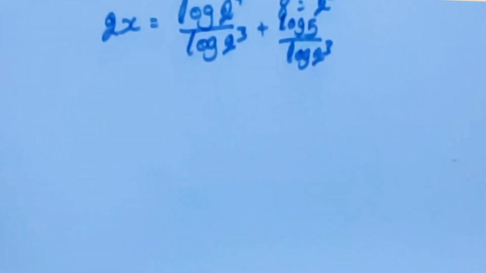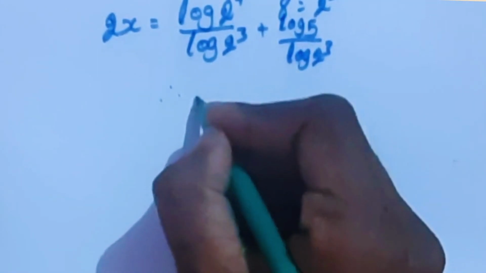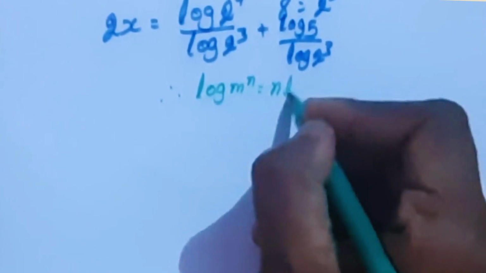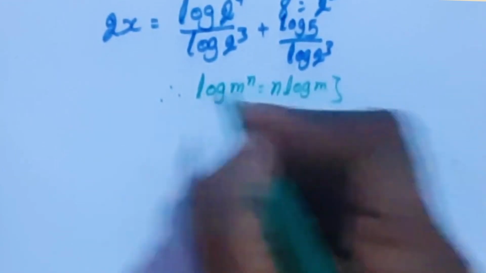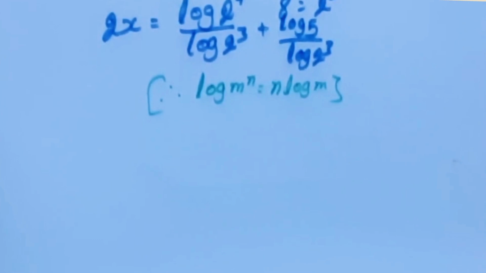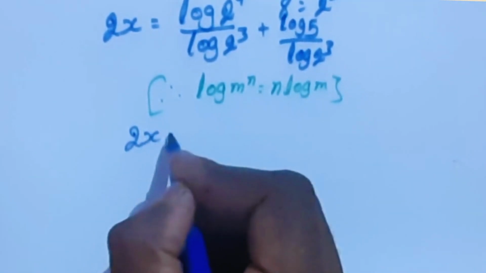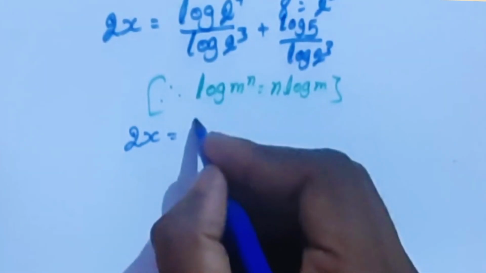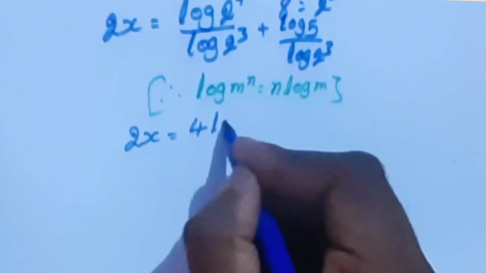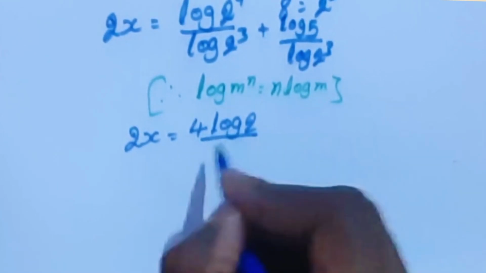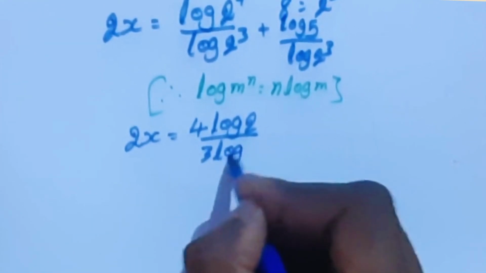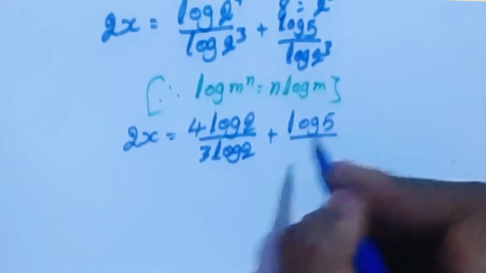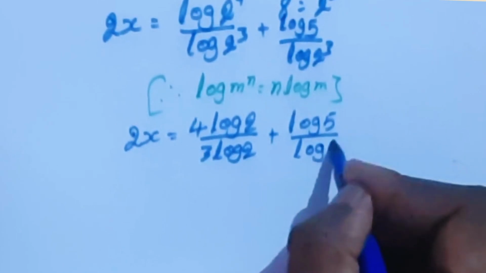Here we are going to apply the log power formula, that is log m power n equal to n log m. So we'll get 2x equal to, this 4 comes before log, 4 log 2 by 3 log 2 plus log 5 by 3 log 2.